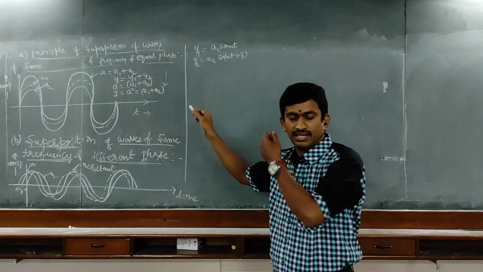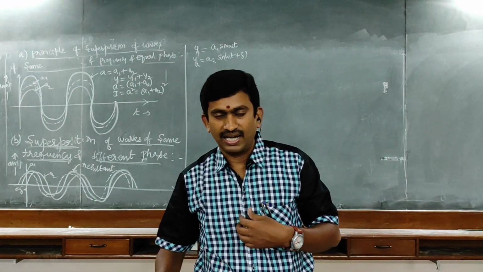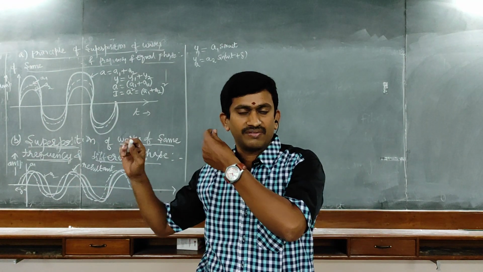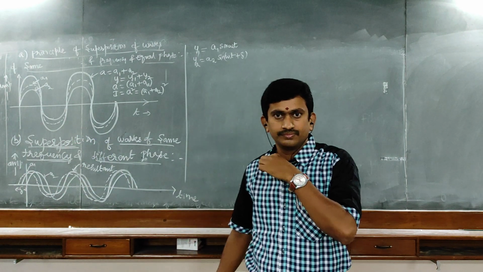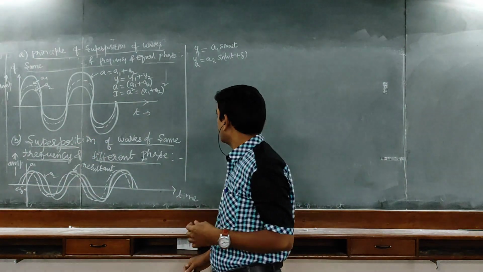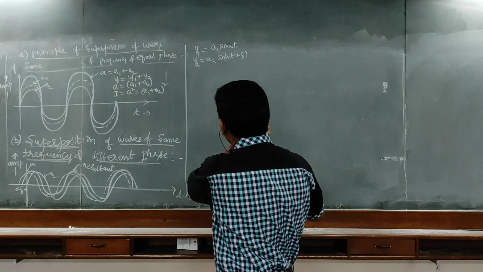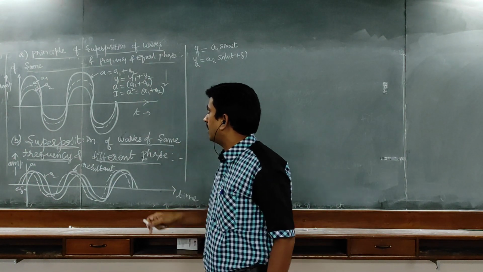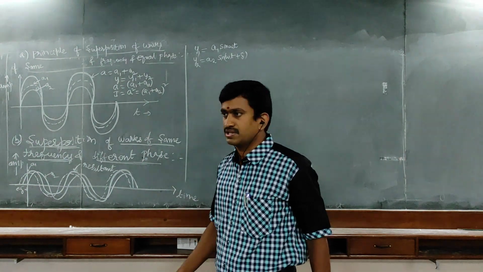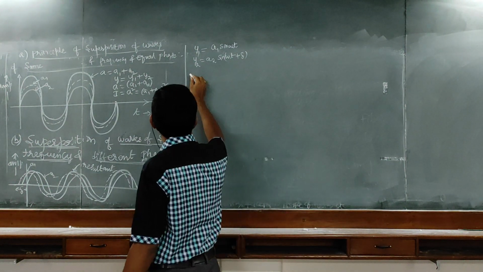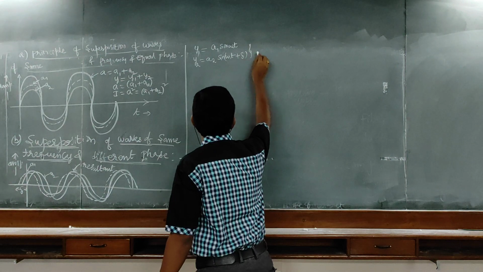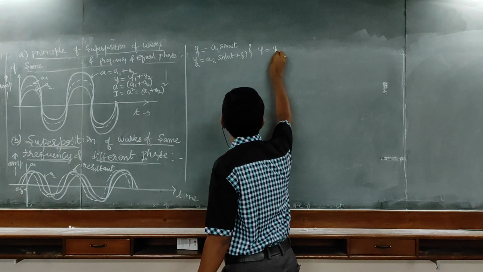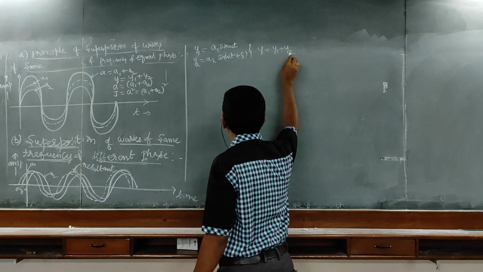Why have we represented delta here? That delta is the phase angle difference between wave 1 and wave 2. Now, apply the principle of superposition of waves. It is given by y equal to y1 plus y2.